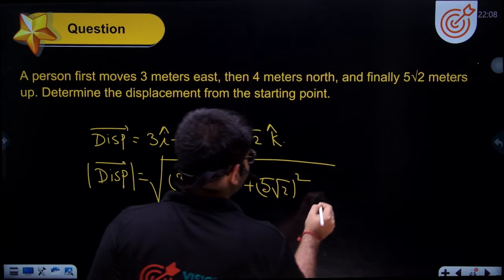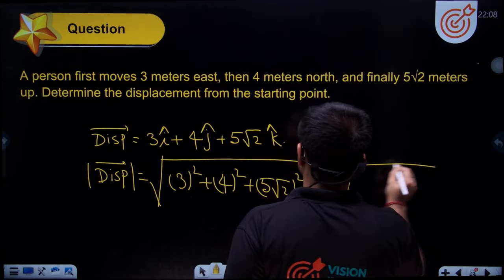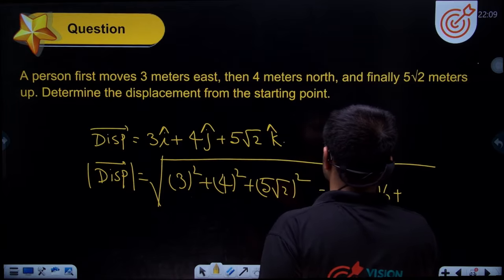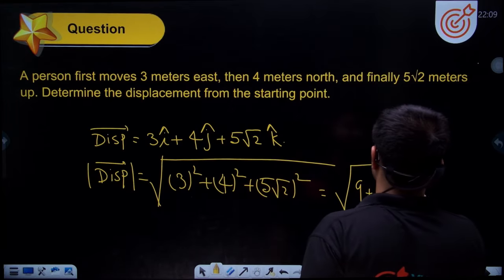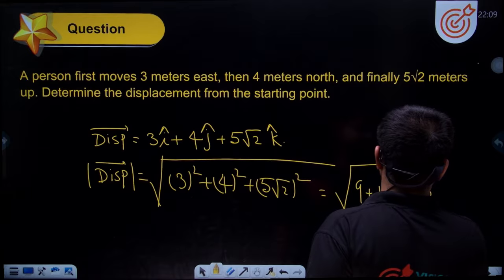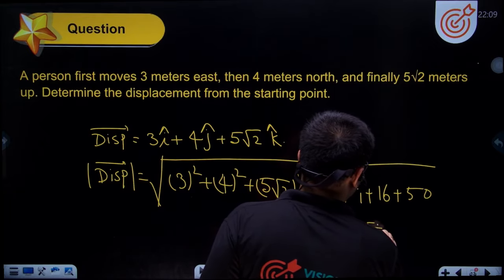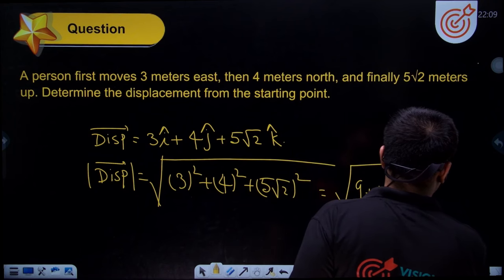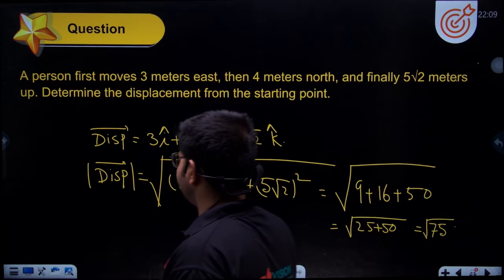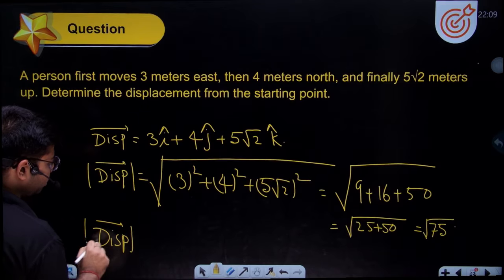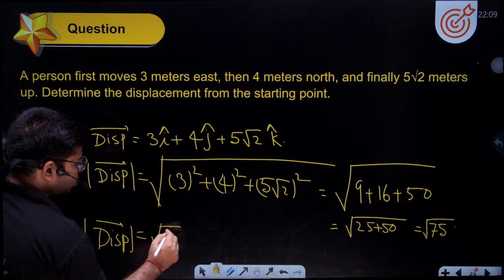If you compute it, you will get root over 9 plus 16 plus 50, so 25 plus 50, root 75. So the magnitude of your displacement is going to be root 75.